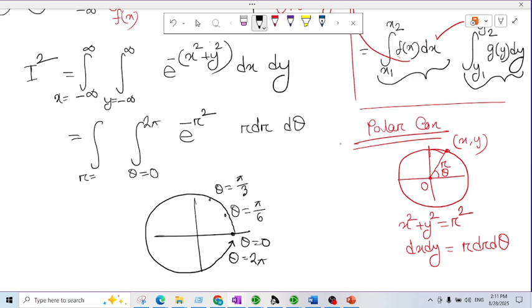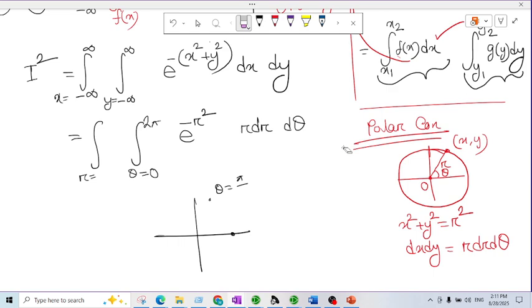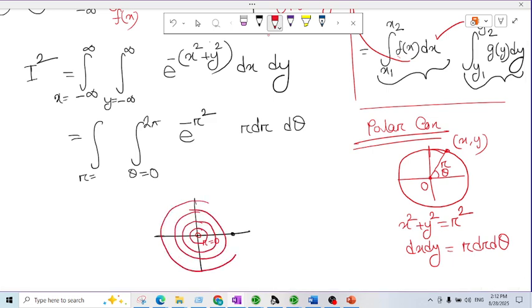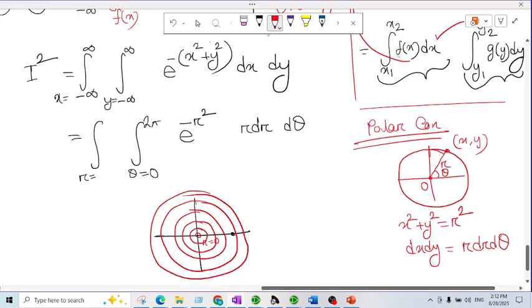Okay, now let's find the range of r. We have to take the first integration where r is equal to 0, and then you increase r and take the integration, up to r equal to infinity. That means the smallest value of r is 0 and the largest value of r is infinity.